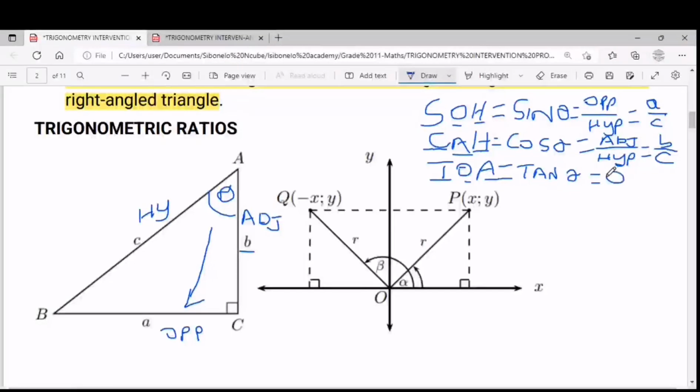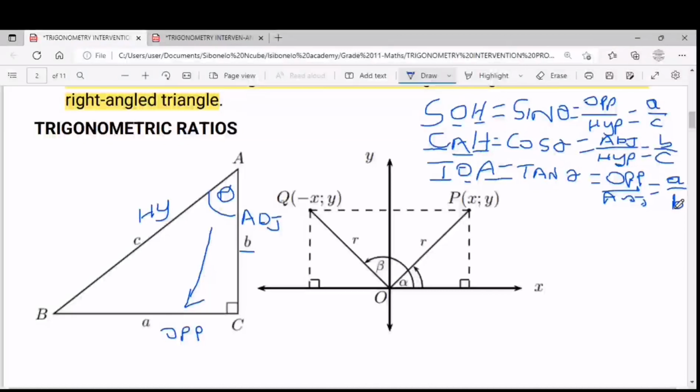So it's opposite side over adjacent side. So now if you see it in terms of a, b and c, the opposite is denoted by small letter a, and the adjacent is denoted by b.